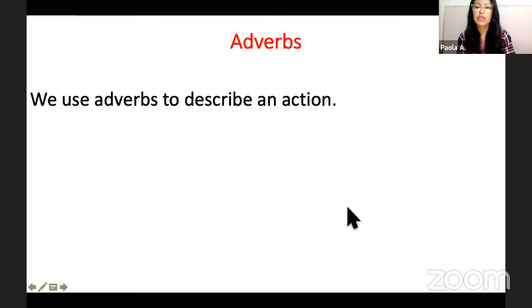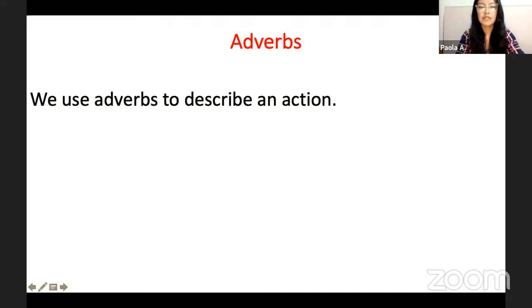Adjectives, I'm going to write on the chat, okay? Adjectives concentrate on people and things, right? Because they want to describe them.